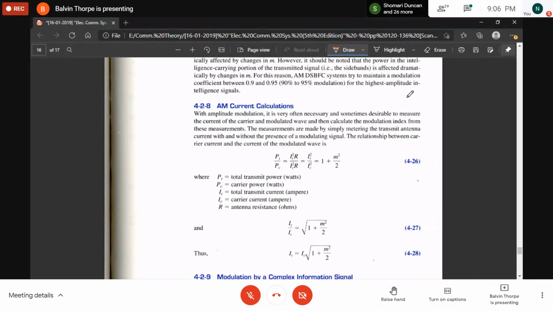Right, noted. The carrier and one of the sidebands. I'm sorry, in relation to what you were saying earlier, that one of the frequency bands is quite adequate to carry the signal, and in doing so, the system uses less power.